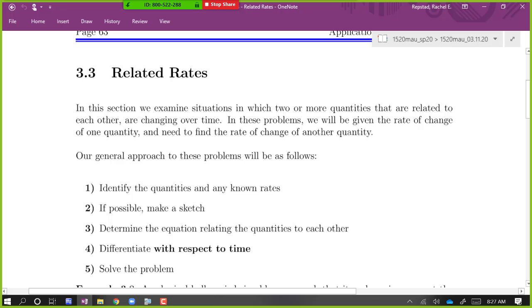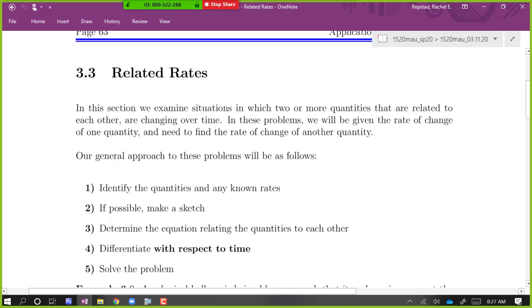One of the things we want to be able to do is, when we read a word problem, pinpoint whether this is a curvilinear motion problem or a related rates problem. They all read in a similar way within each category. Curvilinear motion problems are pretty easy to recognize because they'll say find the velocity, find the acceleration.